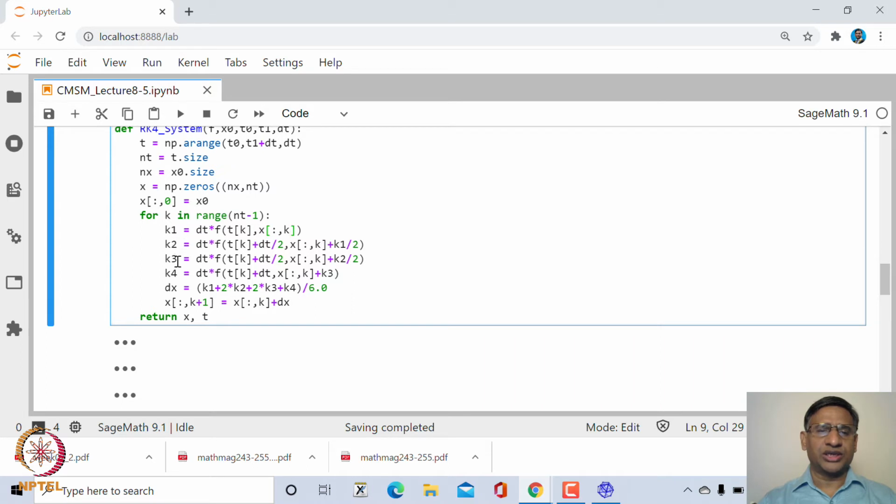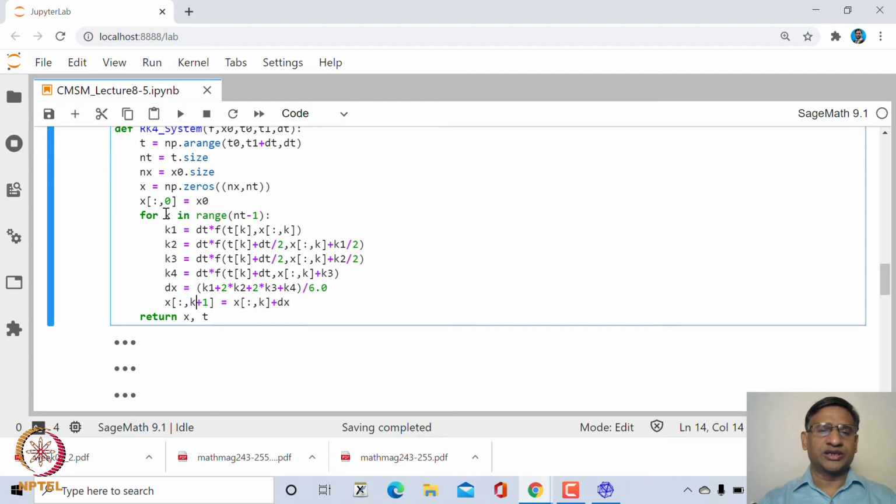Similarly k2, k3, k4, and then define dx, that is the next iterate, which is k1 plus 2 times k2 plus 2 times k3 plus k4, divided by 6, and then increment x to the next point, that is k plus 1.